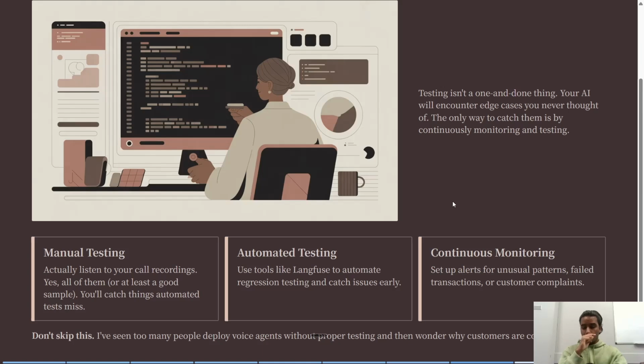And secondly is automated testing. For this, I use Langfuse. I made a separate video on how to use the Langfuse software and how to test the AI voice agent in it, so go check it out. It's very useful.